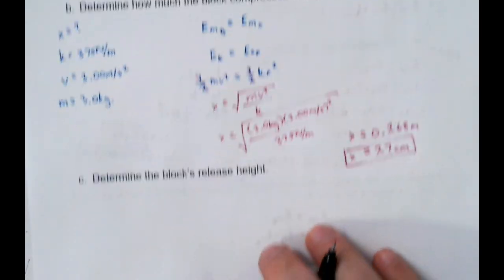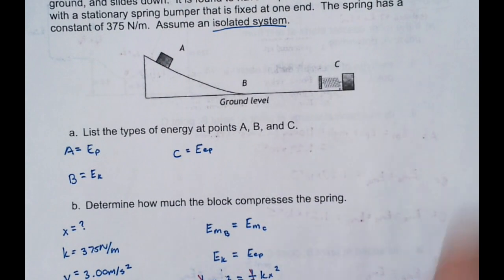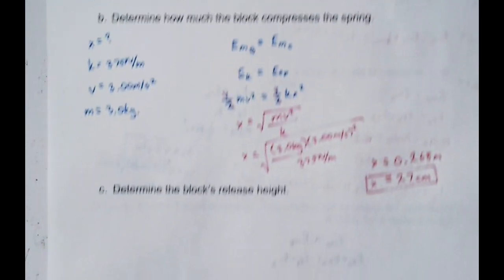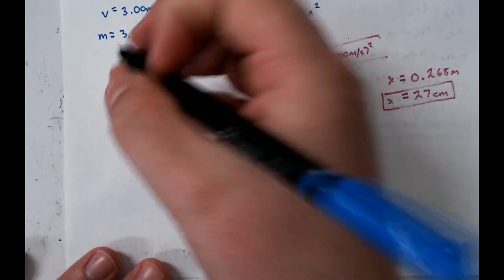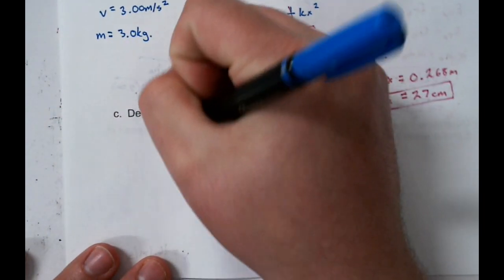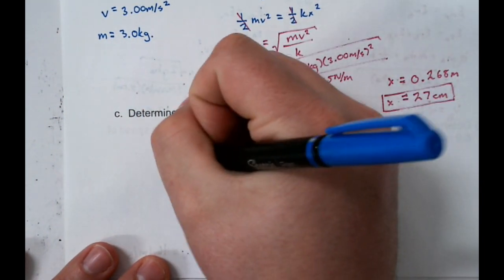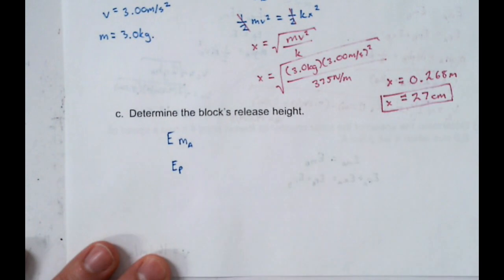The last part of the question wants us to determine what is the block's release height. So how high is it when it's at point A relative to the ground? So again, at point A, it starts at rest. So your mechanical energy at point A is going to be equal to nothing but potential energy.